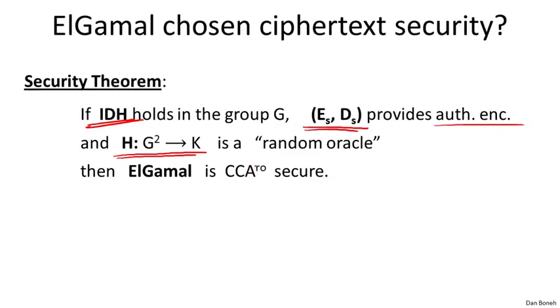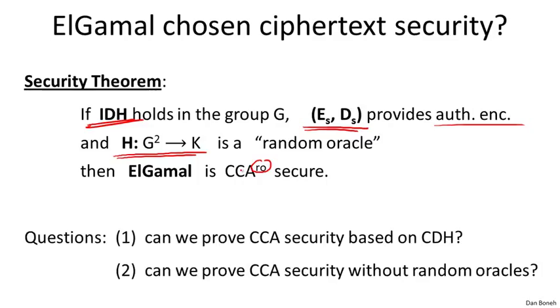Again, this RO here denotes the fact that it's in the random oracle model, which is not so important for our purposes. The main thing to remember is that under this weird interactive assumption, we can actually prove that ElGamal is chosen ciphertext secure. And as far as we know, this assumption actually holds for the group Zp star.